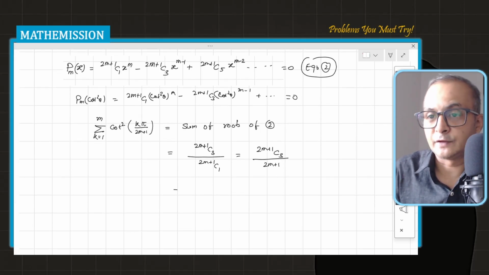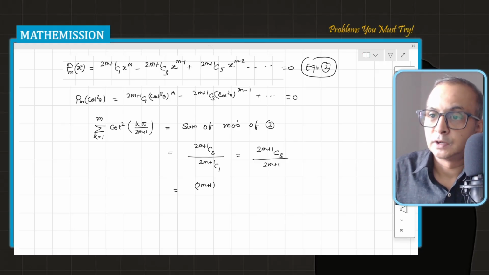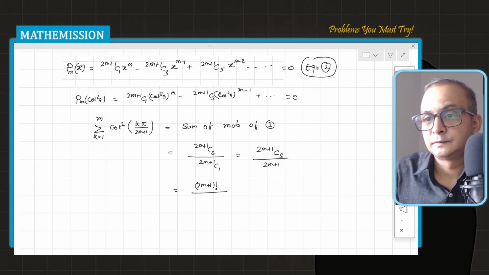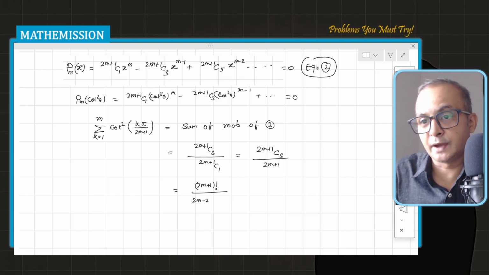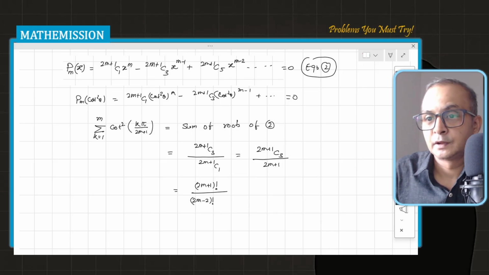Now we simplify further, so that will give you 2m plus 1 factorial divided by 2m plus 1 minus 3, that is 2m minus 2 factorial, and divided by 2m plus 1, and also there is 3 factorial.